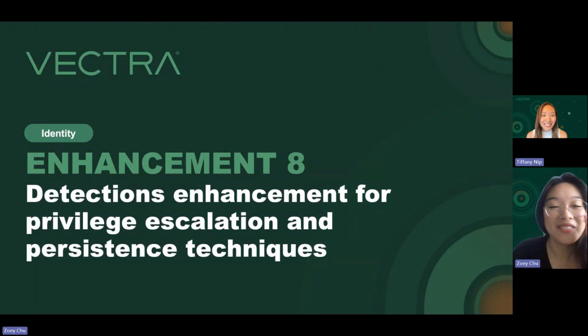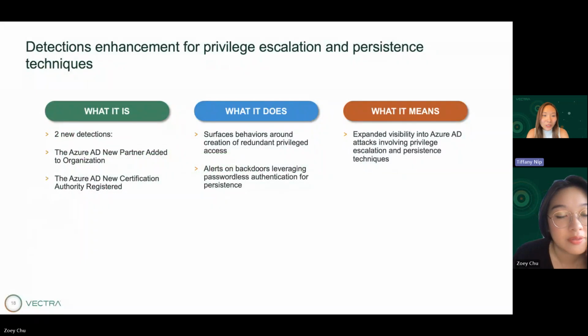Yeah, exactly. Alrighty. Enhancement number 8, another identity one. Detection enhancements for privilege escalation and persistence techniques. Tell us more about that, Tiff. Sure. So pretty much, we have two new detections. The first one is called Azure AD New Partner Added to Organization. Basically, it surfaces behaviors around the creation of redundant privileged access.